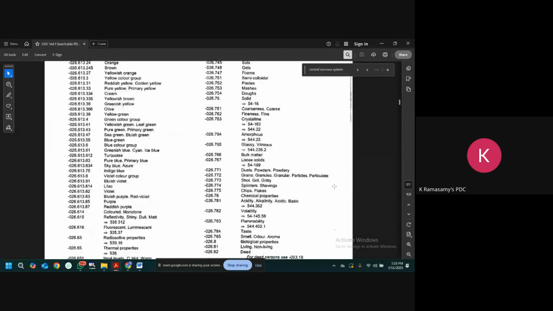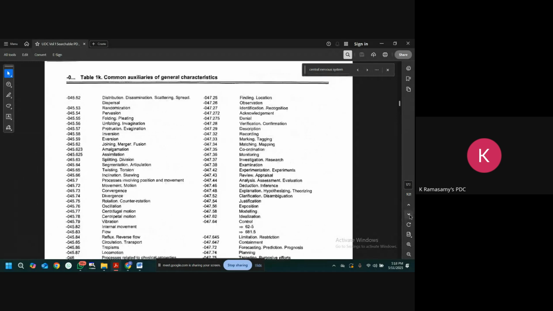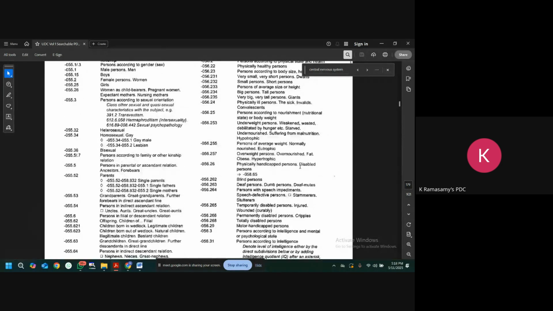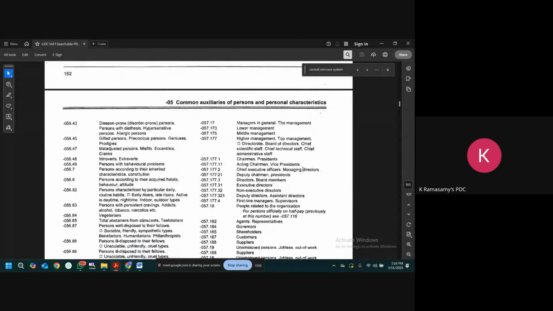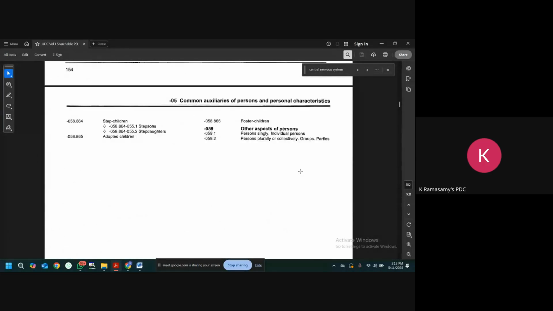Then comes -03, then comes -04, then comes -05. Four common auxiliaries are there, which can be used for representing different common parameters. These are all the common auxiliaries which you can see.